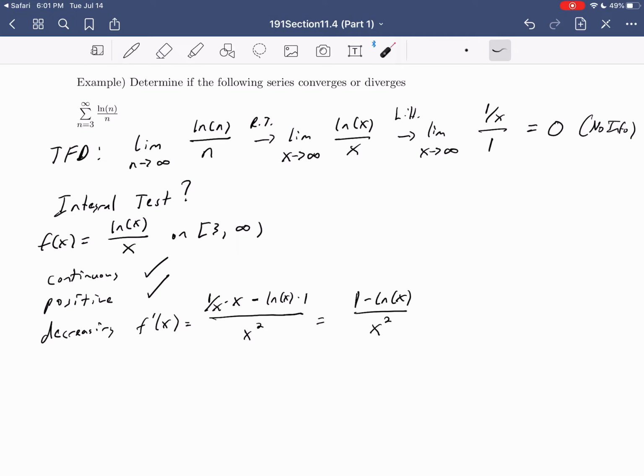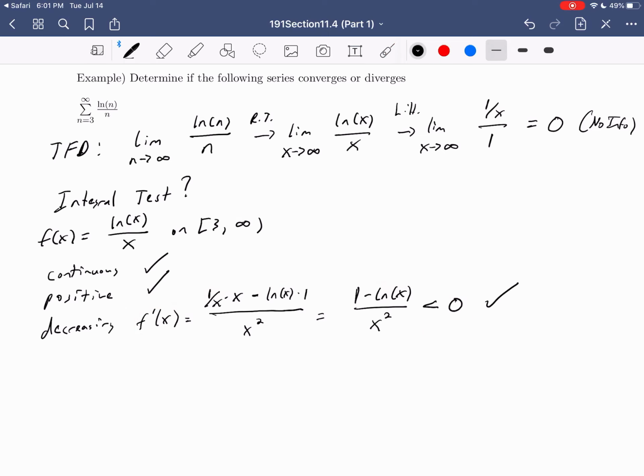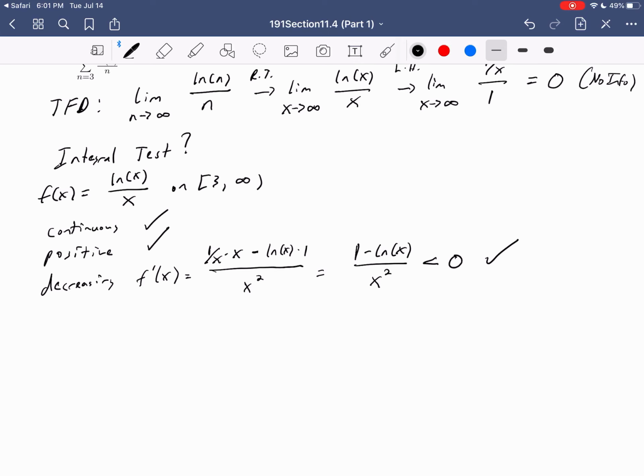Now, certainly the denominator is always positive, and for 1 minus ln x, once x is greater than e, this is going to be negative. And of course, we're on 3 to infinity, so we're beyond e. e is about 2.7. So this is guaranteed to be less than 0. Since the derivative is always less than 0, that does mean that it is decreasing. So all the conditions for the integral test apply.